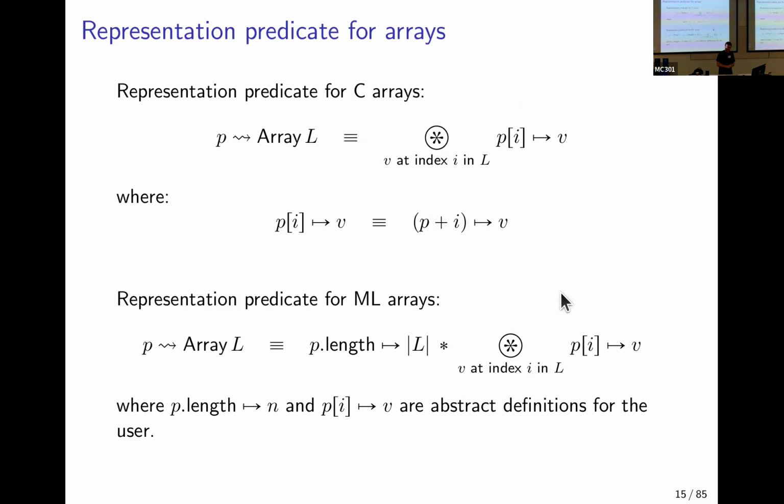However, if you want to reason about ML arrays, like OCaml arrays, there are bound checks every time you do an access. So you have to store more information to prove your functions. You don't have just the collection of P[I] points to V, but you also have some header information: P.length points to the length of L. And those are abstract definitions.